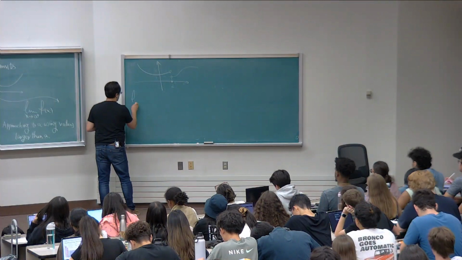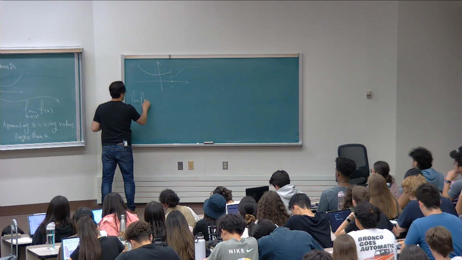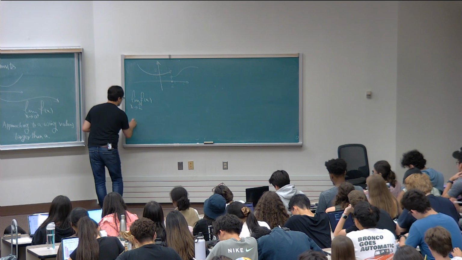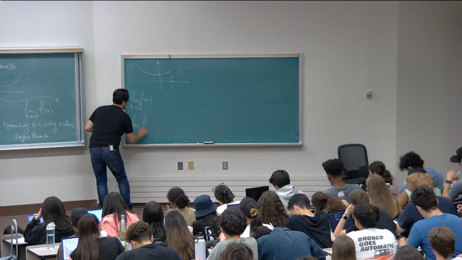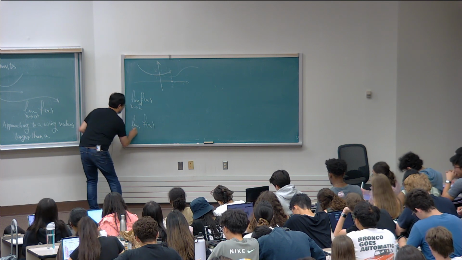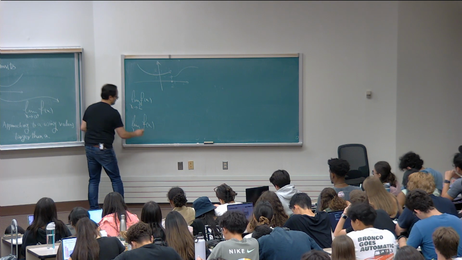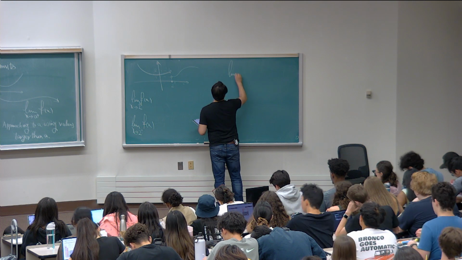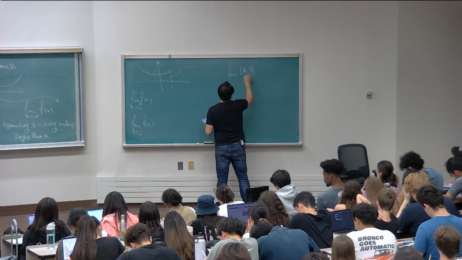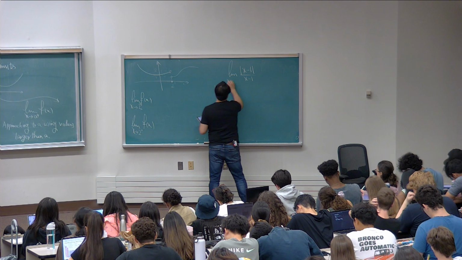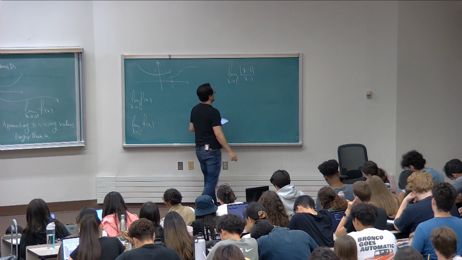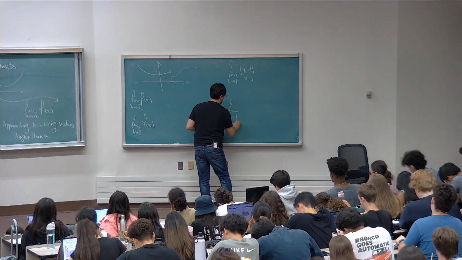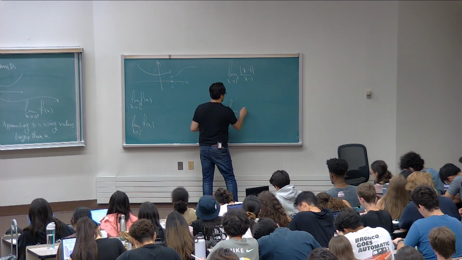So tell me what is limit of f of x as x approaches 2 from the right. Tell me what is the limit of f as x approaches 2 from the left. How about this one? Limit of absolute value of x minus 1 over x minus 1 as x approaches 1 from the right, and as x approaches 1 from the left.